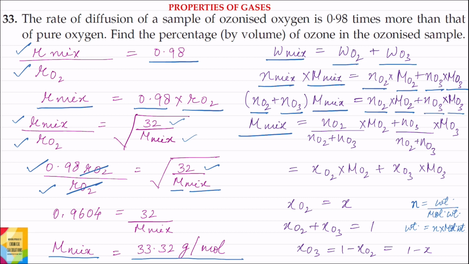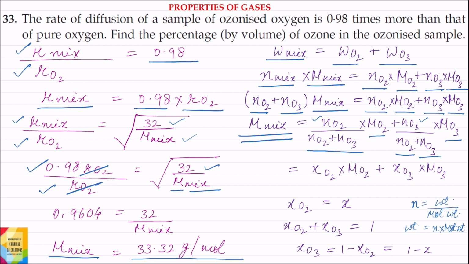From this, the molecular weight of the mixture is equal to, moving the total number of moles to the right hand side, the number of moles of oxygen divided by the total number of moles, times the molecular weight of oxygen, plus the number of moles of ozone divided by the total number of moles, times the molecular weight of ozone.